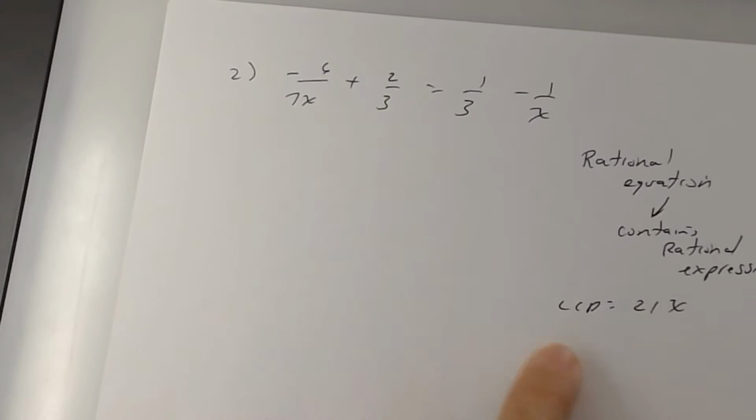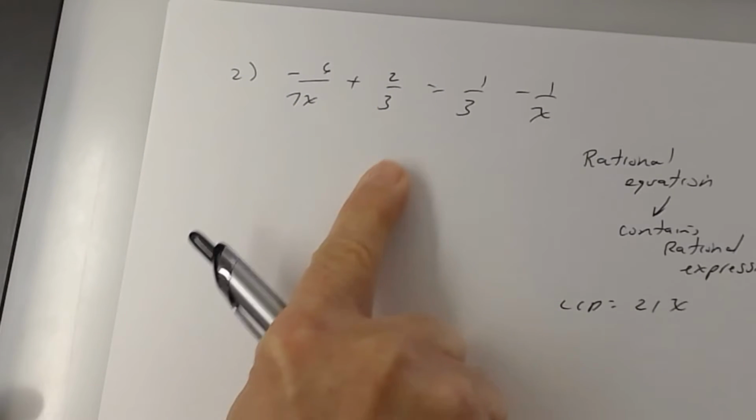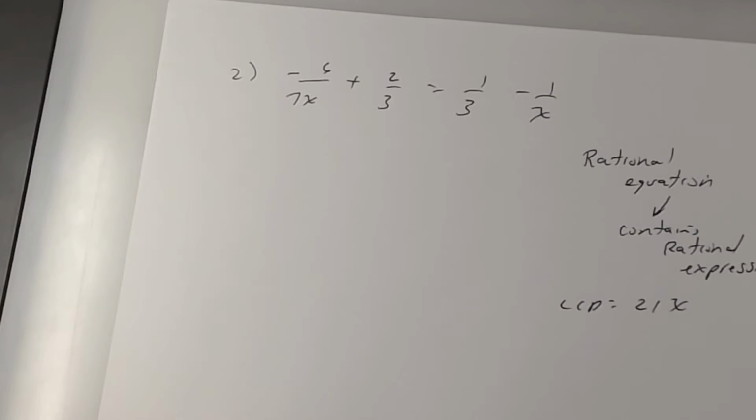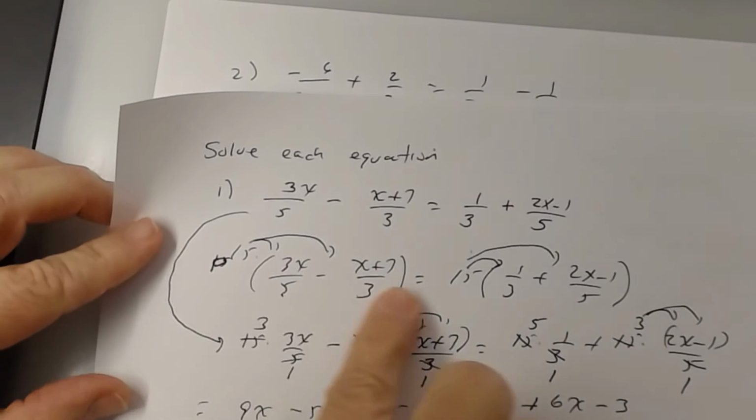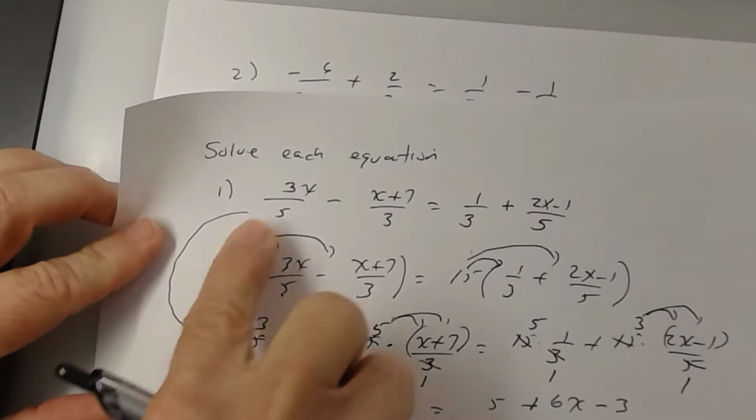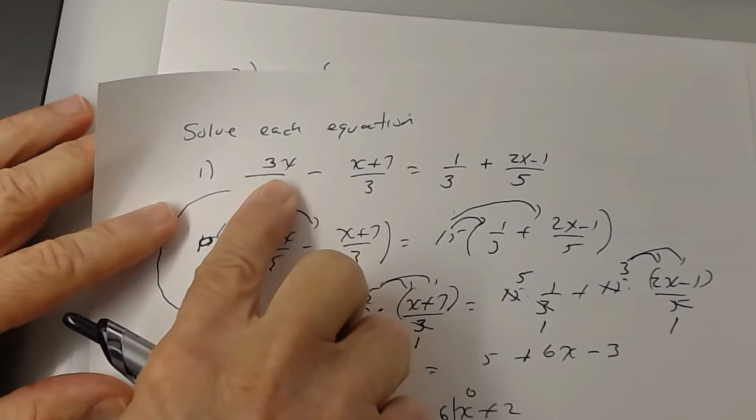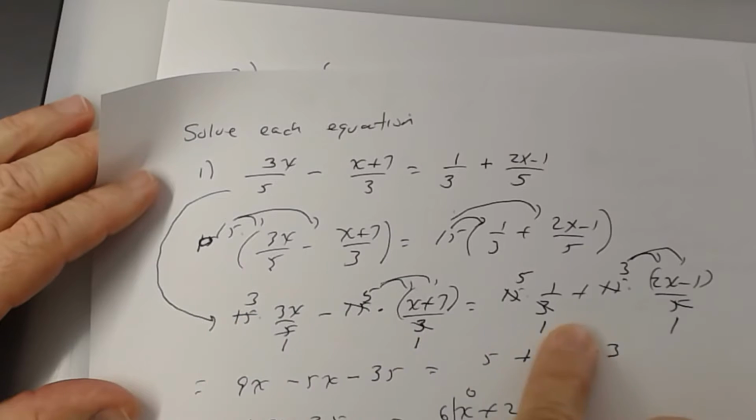So if you see an x, you better have an x in the LCD. Does 7 go into the LCD? Yes, because 7 goes into 21. Does 3 go into the LCD? Yes, because 3 goes into 21 evenly. And then all these fractions have to be multiplied by what? 21x. So I'm kind of skipping this second part right here. I'm going from the original problem to this step now.